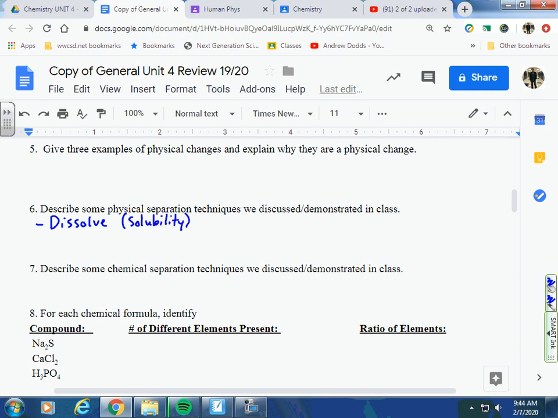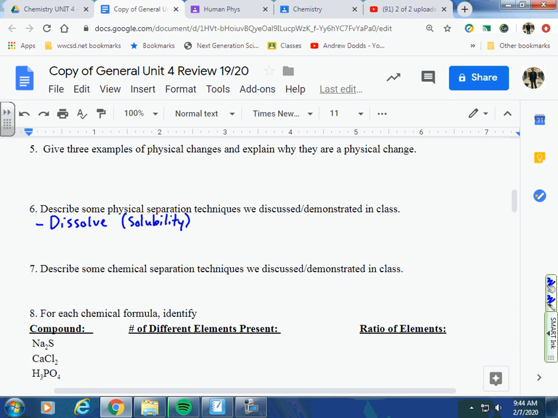Okay. Solubility means that something can be dissolved in something else. So a lot of times we'll say salt or sugar is soluble in water. We can dissolve it in water. Okay. It's still going to be there though. There's still going to be sugar in water if you dissolve sugar in water. And you can tell because if you were to drink that water, it would taste like sugar water.